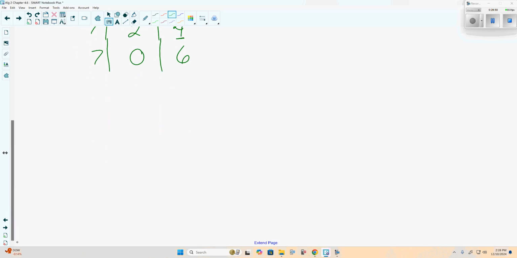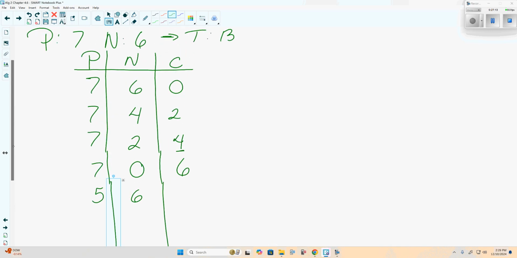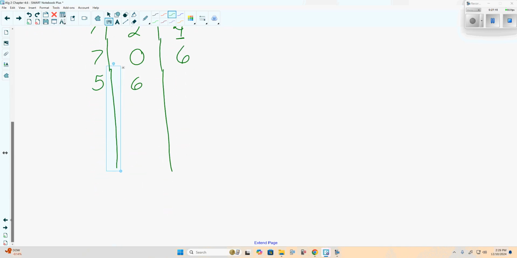Now, looking at this here, do I have any more negatives that I can match with positive? No. So I move on to the next possible positive amount, which would be 5, because we take 2 away from the positives. And we reset the negatives to 6, because 6 is our max.